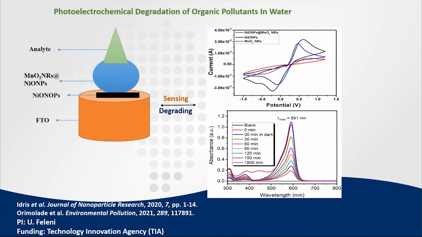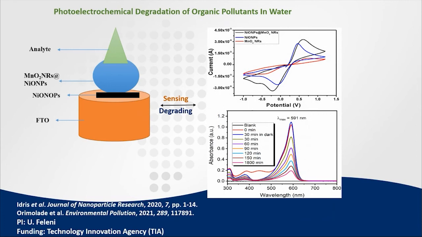Now, another slightly different example, let us say now we are combining electrochemistry with photo. We are combining 2 techniques. How do we go about that if we are combining 2 methods? Remember, for the electrochemical sensor, we were using 1 method.